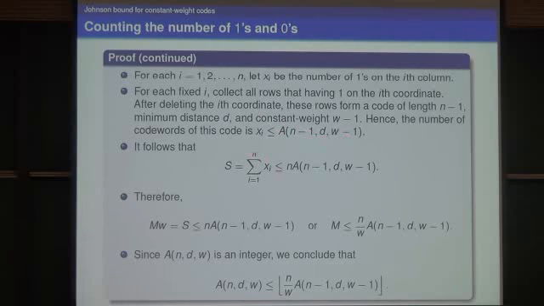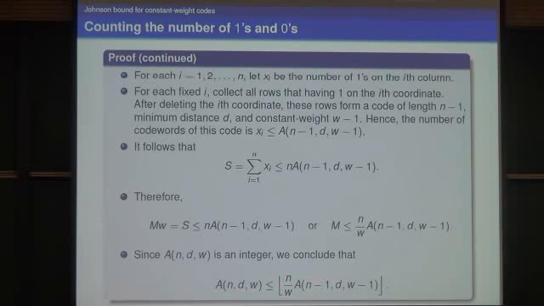So we take the sum over n columns, and this is less than or equal to n times this one. Combining this one and the previous one, we get m times w is smaller than this number, and we get this inequality. And because this is an integer, we take the floor of this number, but this may not be an integer.